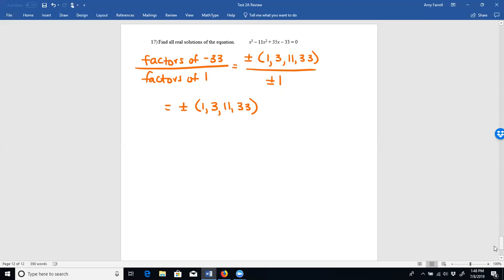I'm still here. I skipped over 1 and negative 1. Maybe that's it. No? Okay, I must be making an error here, because I'm not finding it.